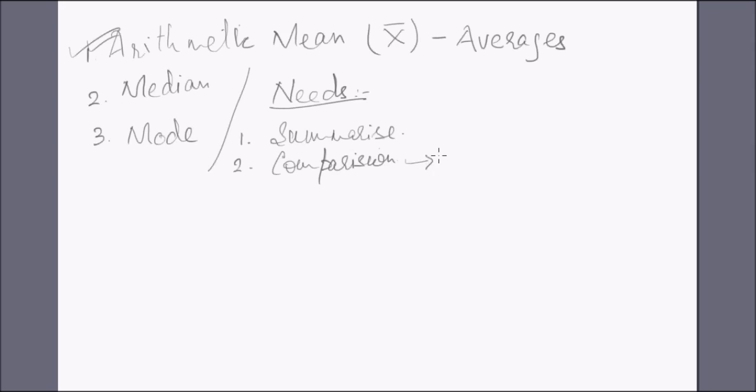We find the average of both these sets and see who has got higher marks. In the simplest form, we can use it for comparison, and apart from that, it always helps us in decision making.